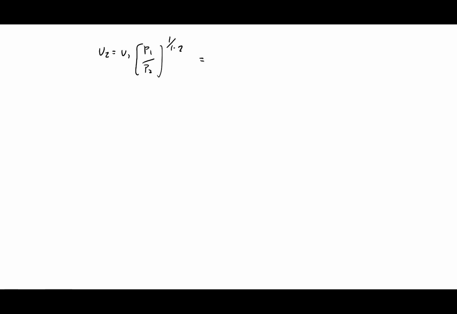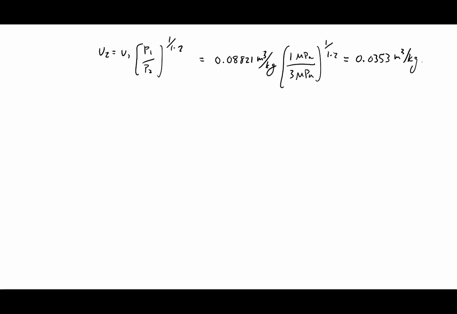V1 is 0.08821 meters cubed per kilogram, and we have 1 megapascal over 3 megapascal, to the power of 1 over 1.2, which is equal to 0.0353 meters cubed per kilogram.